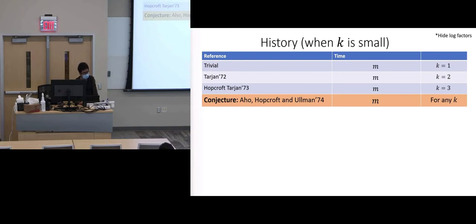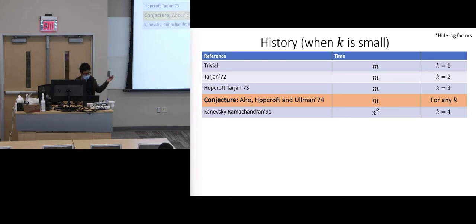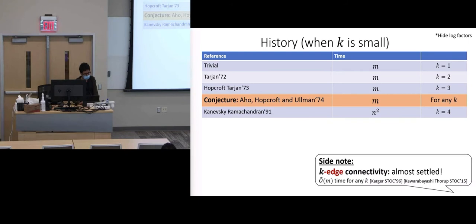And people have conjectured that we should be able to check it for any k in linear time. However, no one has solved it, and for k equals 4, people got stuck at n squared already. It's not near linear.